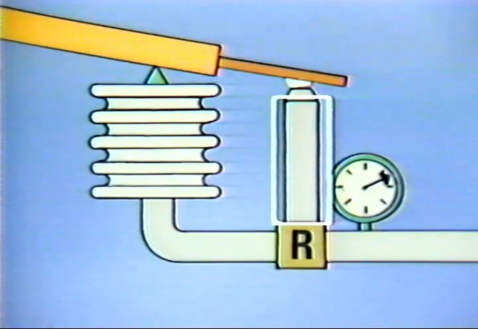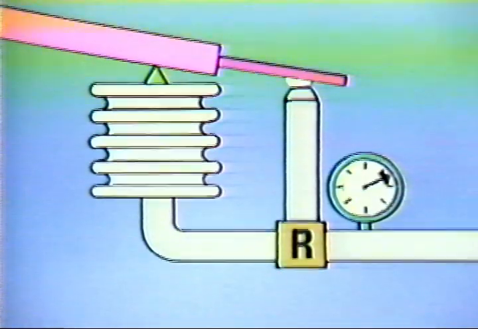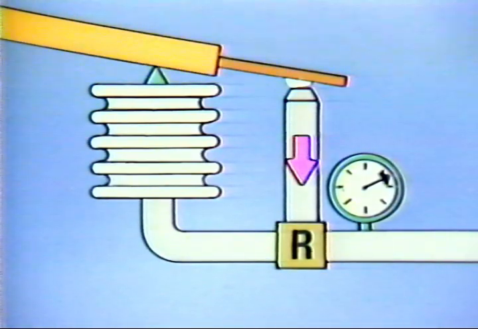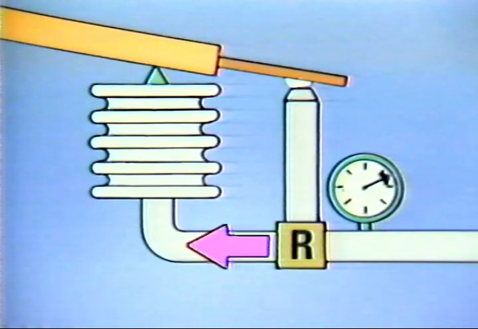The back pressure compartment is connected to a pneumatic relay, shown by a block labeled R. Its purpose is to convert changes in back pressure to proportional changes in the controller's output. We'll use another gauge to indicate the value of the output. The output signal is used for two purposes.